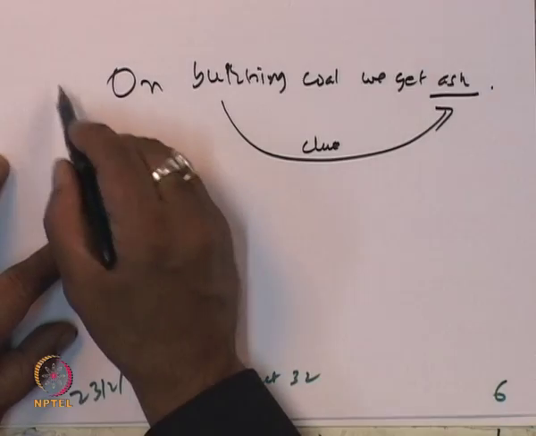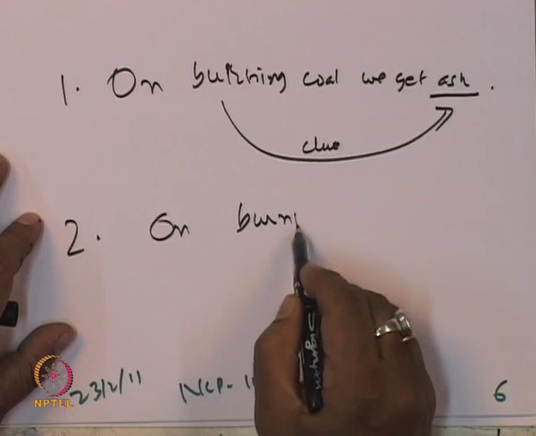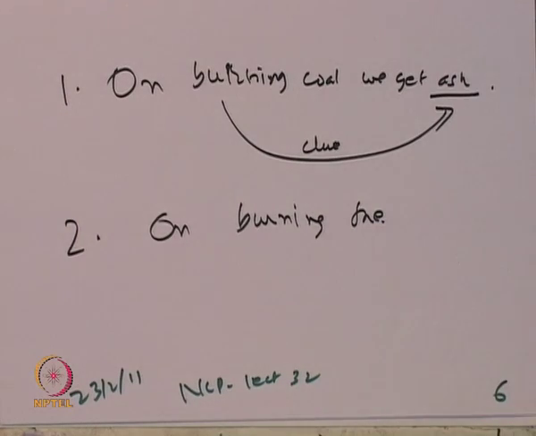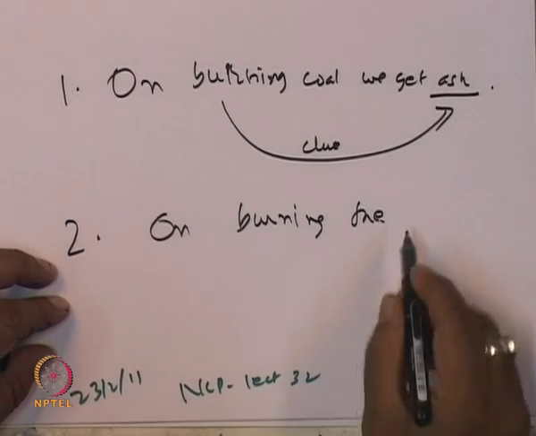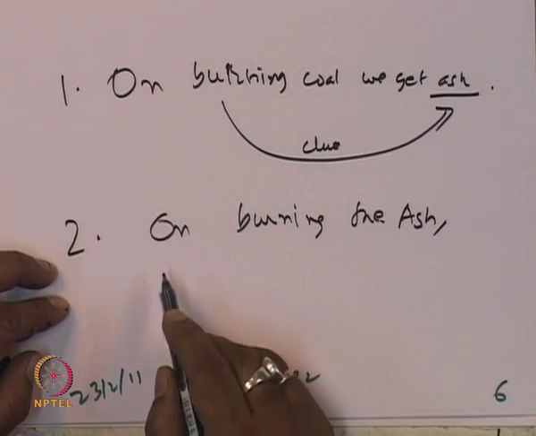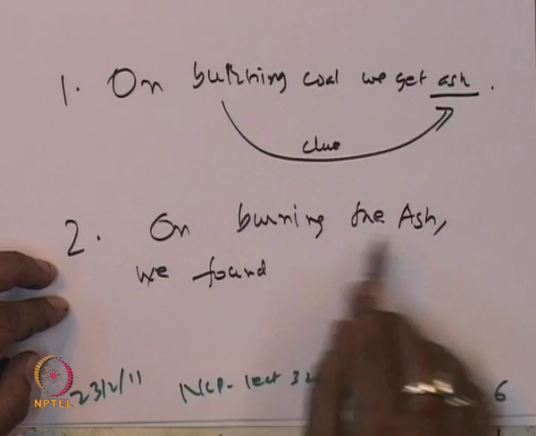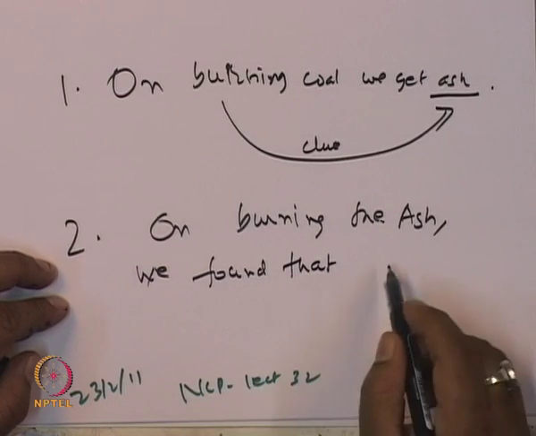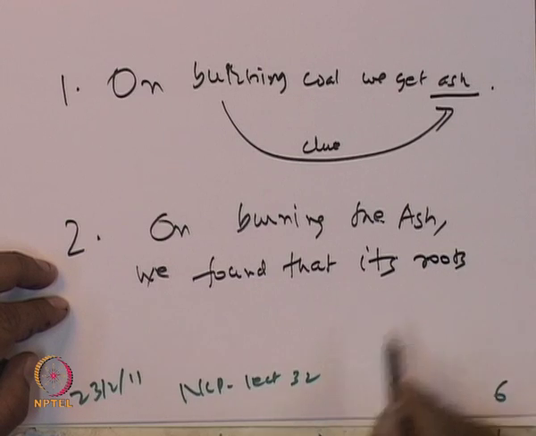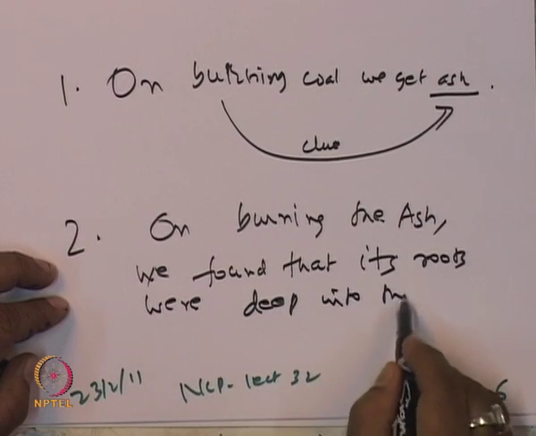Now, we can see that this is sentence 1. We can have another sentence where on burning the ash we found that its roots were deep into the ground.